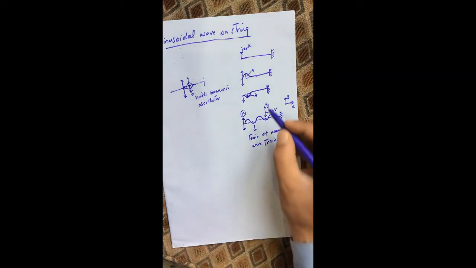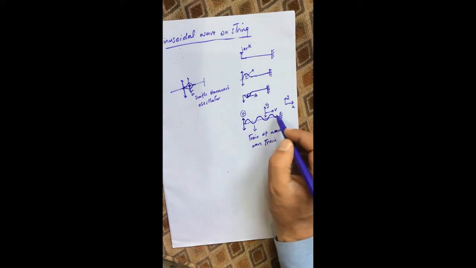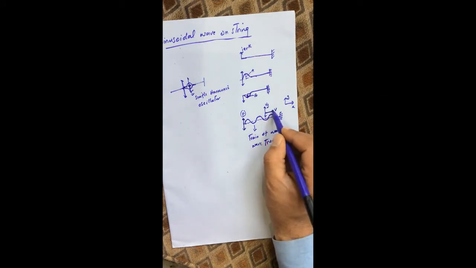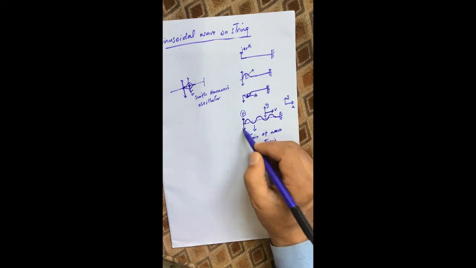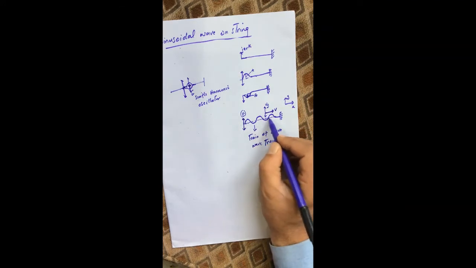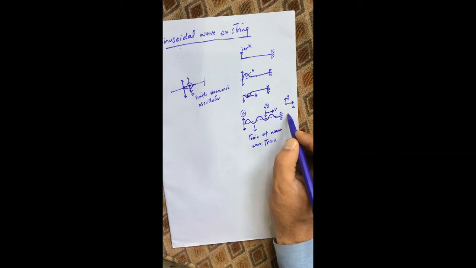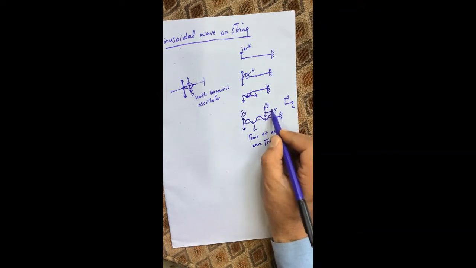So we have to recognize these velocities. This velocity v is the velocity of the wave, because once we create a wave, the wave moves in the forward direction along the string.